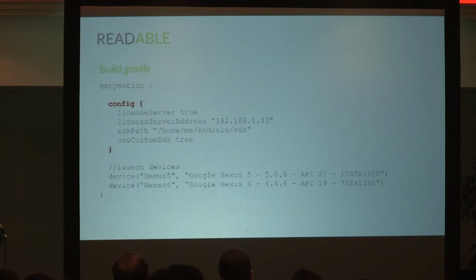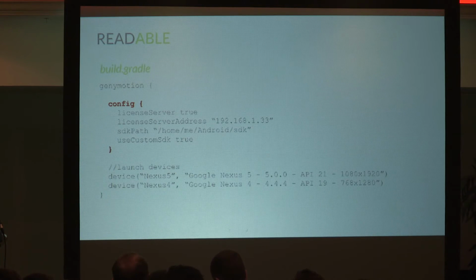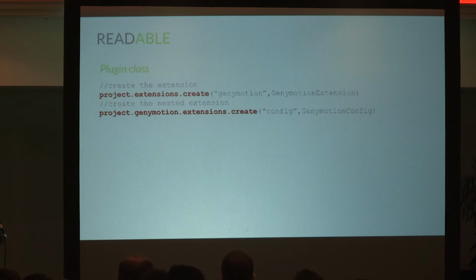What I would like to do is extract the config notion into a block, and then nest a config block into my Genymotion block. How can you do it? Just using nested extensions. That's really easy. The idea is that you call project, then Genymotion, dot extensions, dot create.